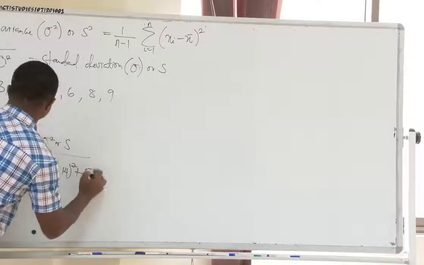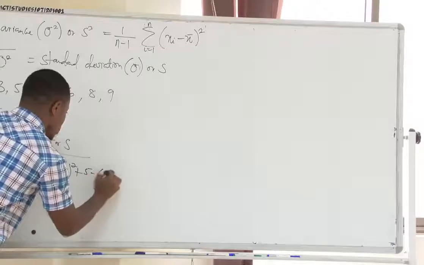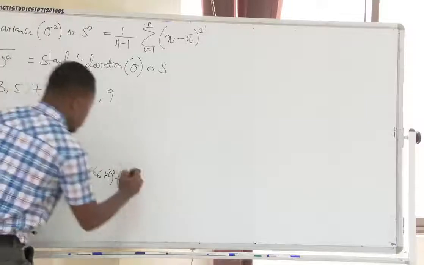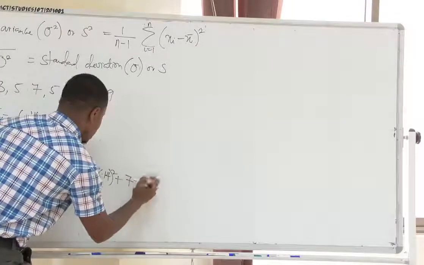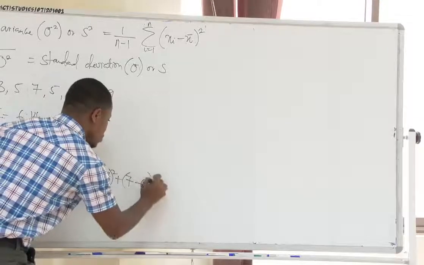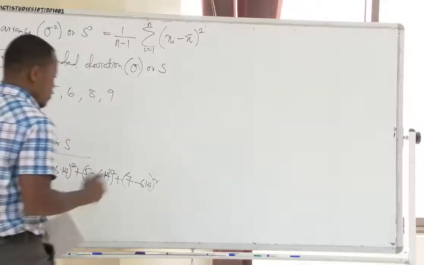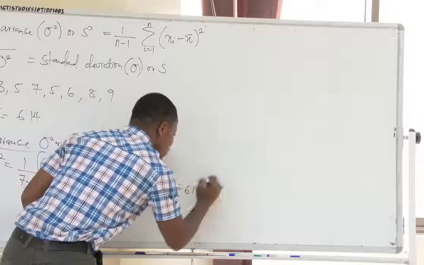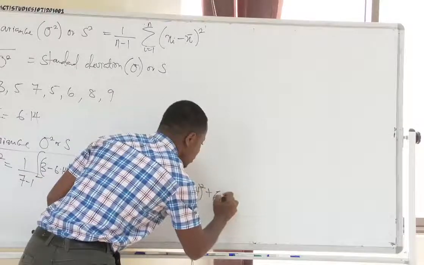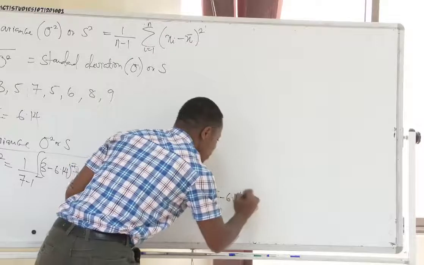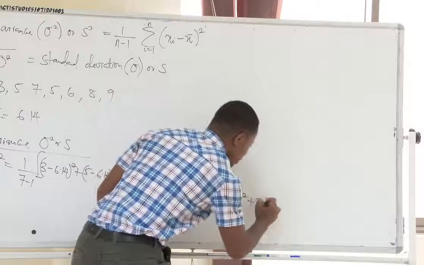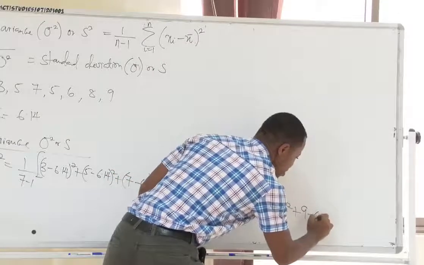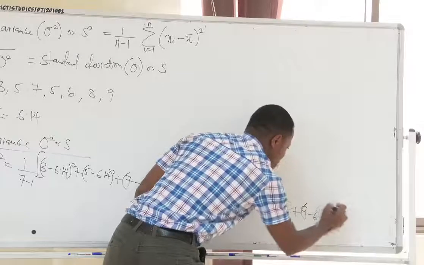The next one happens to be 5 minus the mean, 6.14, all squared, plus the next observation, which is 7 minus 6.14, all squared, plus 5 minus 6.14, all squared, plus 6 minus 6.14, all squared, plus 8 minus 6.14, all squared, and finally 9 minus 6.14, all squared.